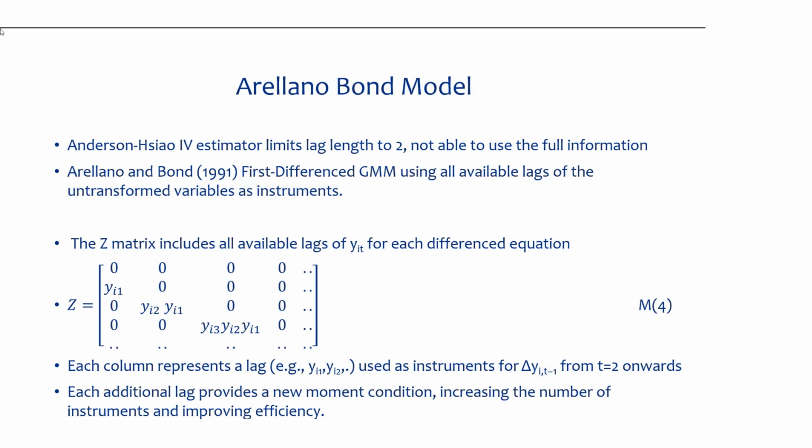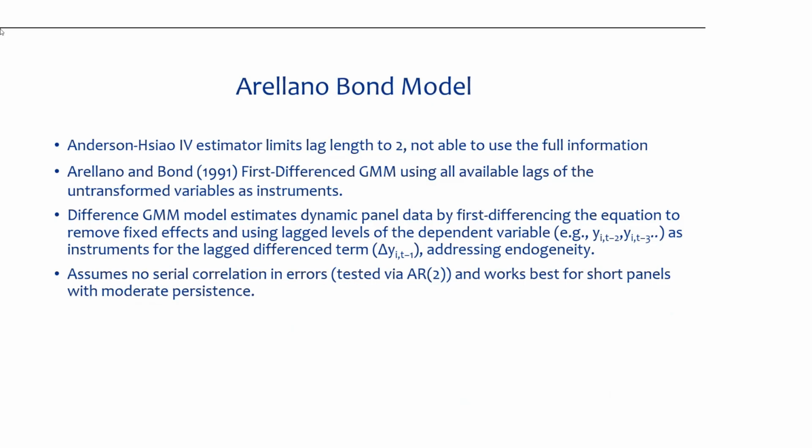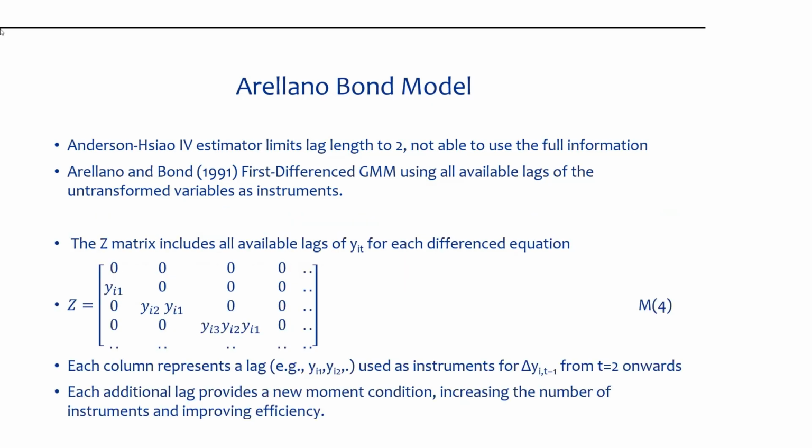What it does is it includes a large number of variables. Okay, it accounts for more lagged variables. So when you're constructing your Z matrix, your IV, the instrumental variable, you construct a Z matrix which includes all available lags of yit for each difference equation.